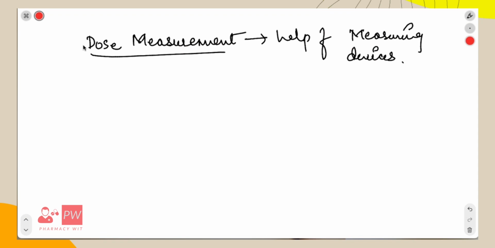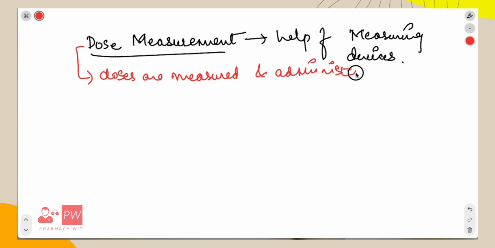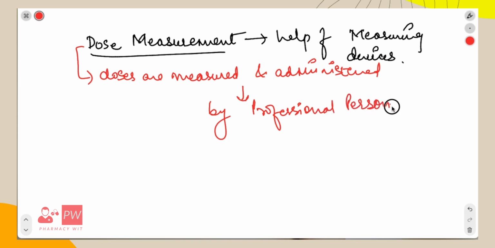In institutional settings, doses are measured and administered by professional personnel. A variety of measuring devices may be used.